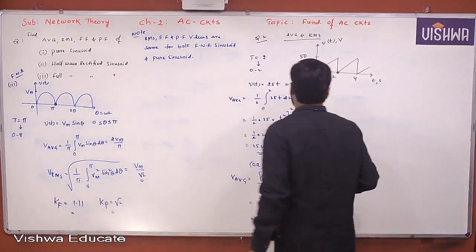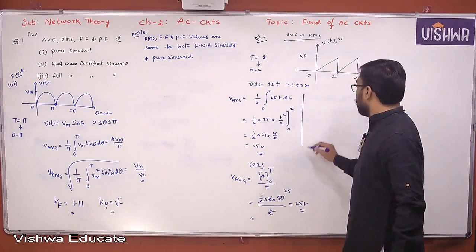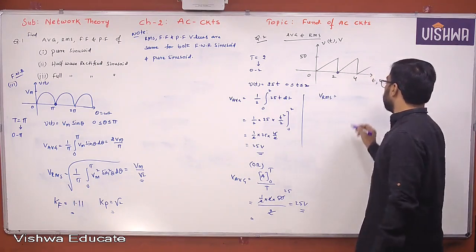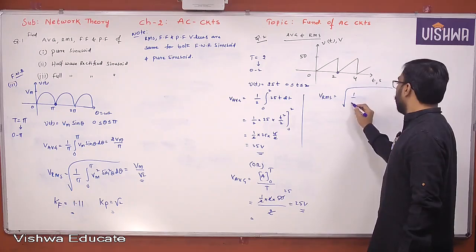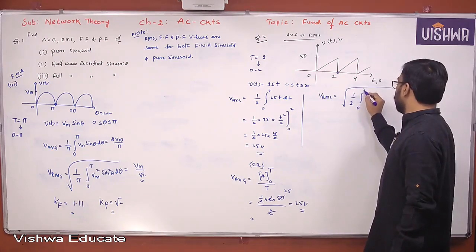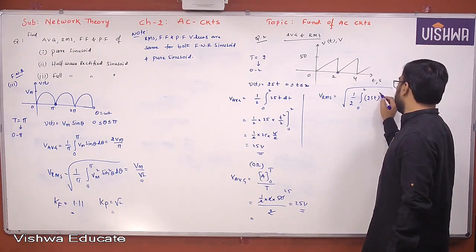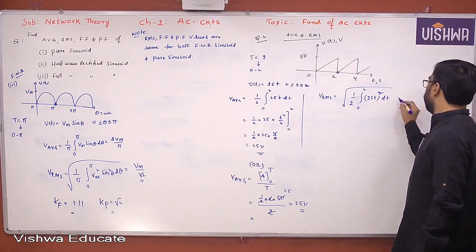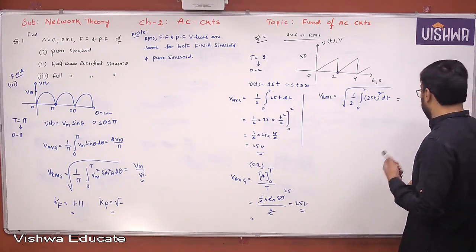Okay. Now coming to V RMS value, first we go with the standard procedure. Root 1 by 2 integral 0 to 2. What is that? 25t whole square dt. Is it okay? 25 square t square dt. Okay.